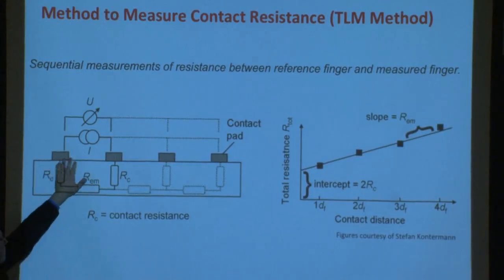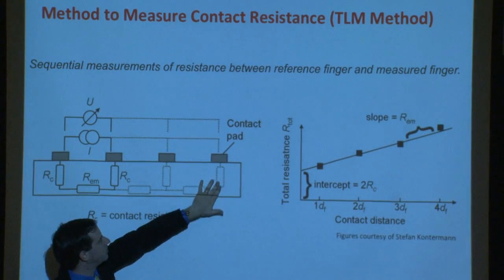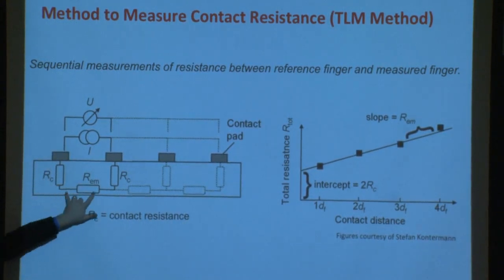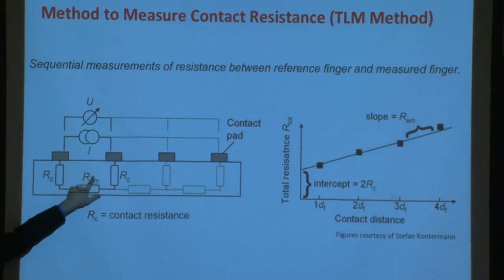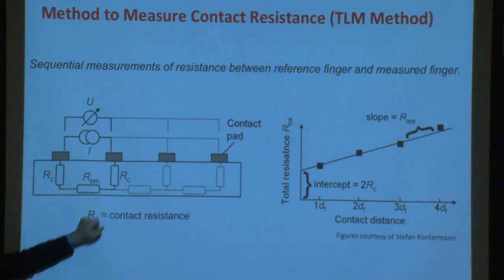So you have a certain contact resistance right here between the metal and your semiconductor material. That's denoted as R sub C. And then there's a certain emitter resistance that we just talked about, R sub EM right here.